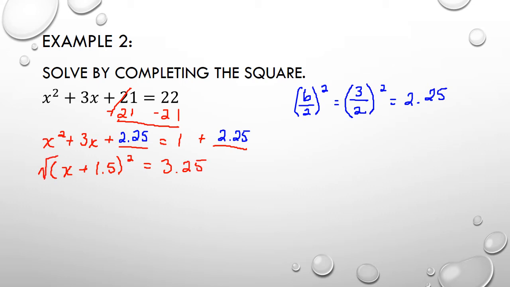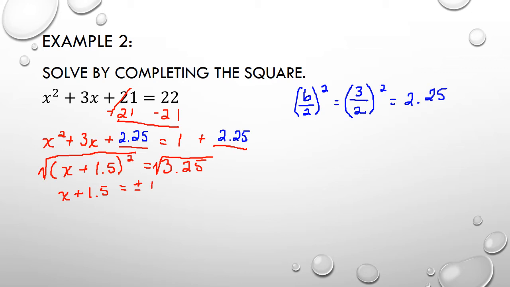So now we want to get rid of that square. We do that by square rooting. What you do to one side, you got to do the other. So now that gives us x plus 1.5 equals, take that square root of 3.25, and we get a decimal answer. So we're going to go ahead and put the plus minus on there, and we're going to round this to the nearest hundredth.